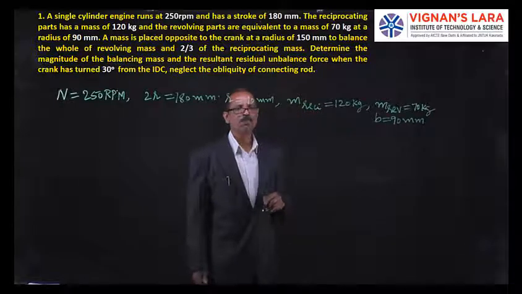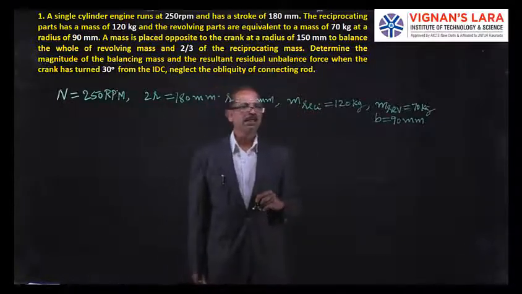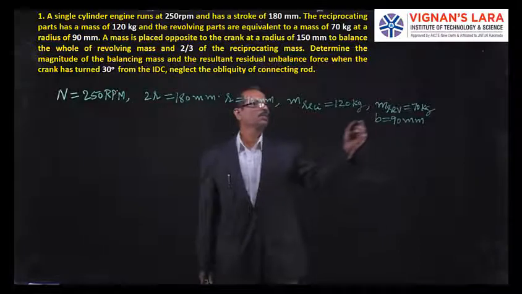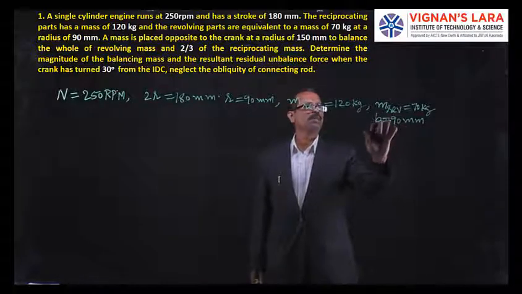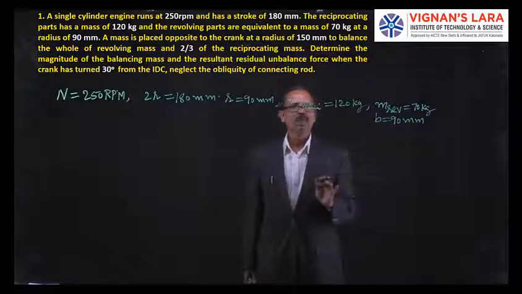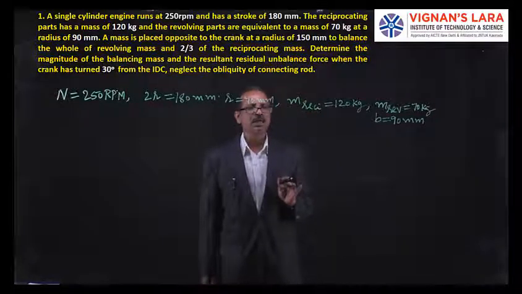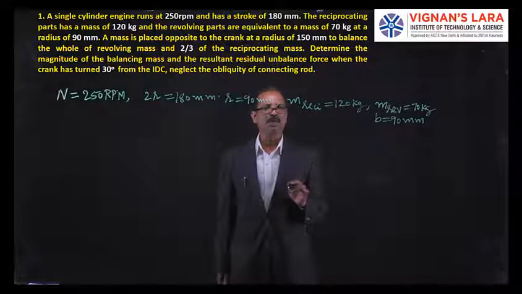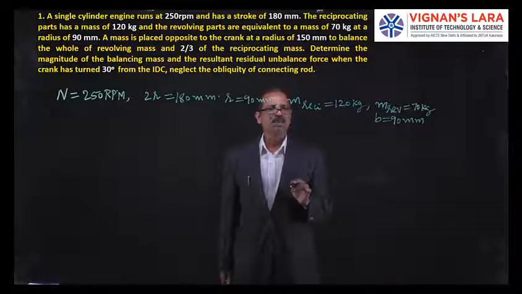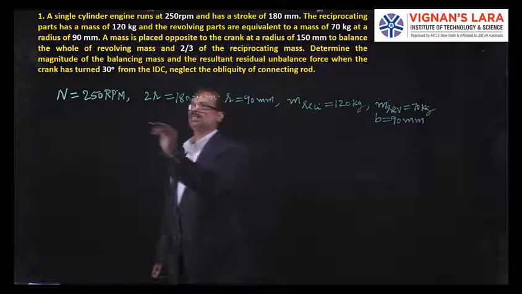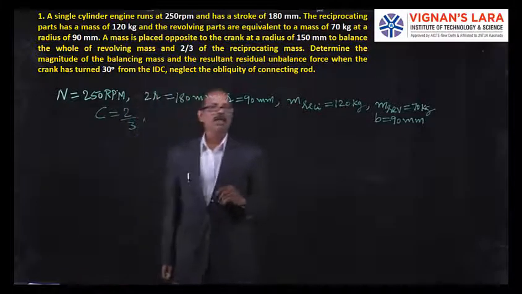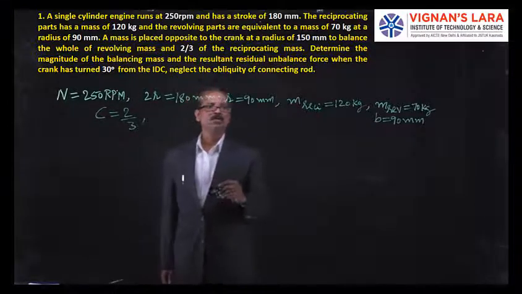A mass is placed opposite the crank at a radius of 150 mm to balance the whole of revolving mass and 2/3 of the reciprocating mass, that is C is equal to 2/3, and it is kept at a radius of 150 mm.